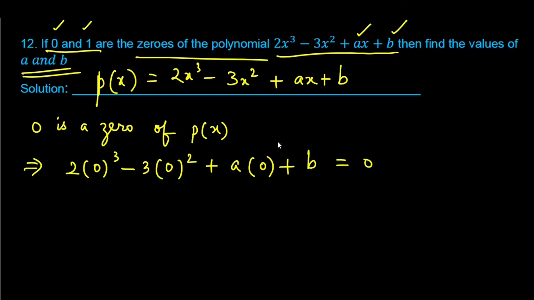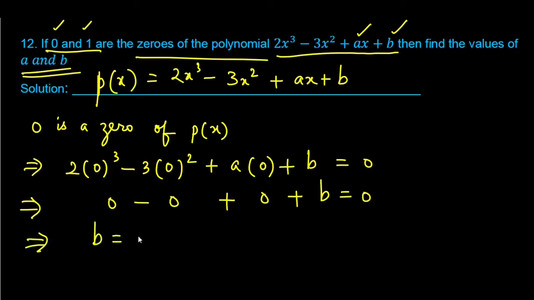This is the value of p of x at x equal to 0. This implies here we have 0, here we have 0, and here also we have 0 plus b here. Now we are getting b is equal to 0. The value of b is 0.